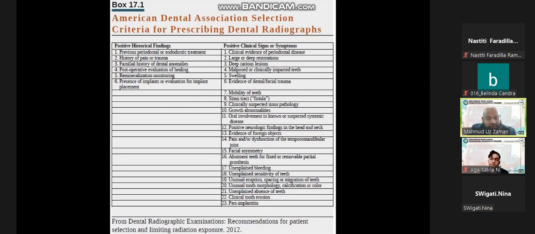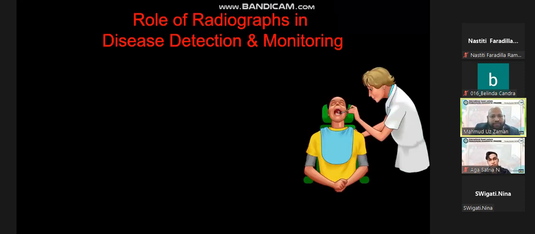If there is a road traffic accident, which is very common here, sometimes there are foreign objects embedded in the soft tissue, so you need to go for that kind of imaging, as well as for TM joint, facial asymmetry, implants and peri-implantitis. If you go through this chart, you will get everything. These are the most common cases for which you will send the patient for radiographs.